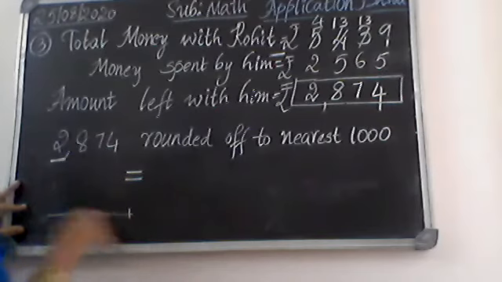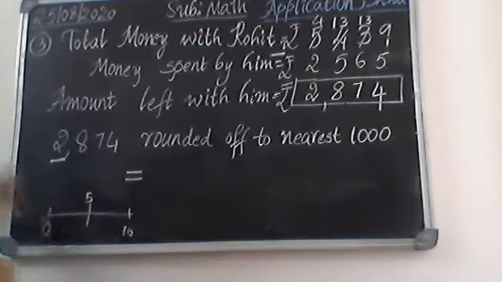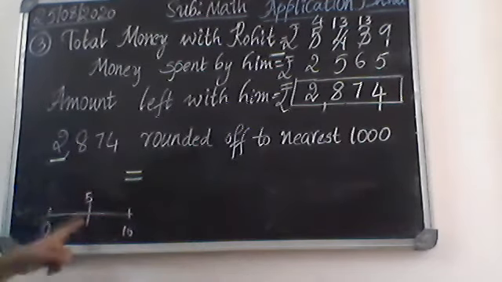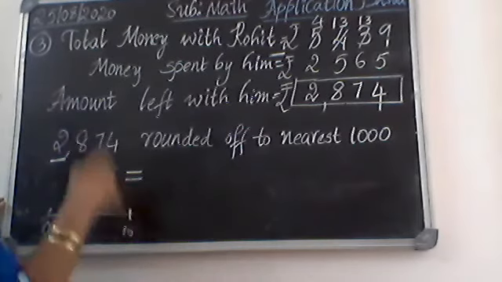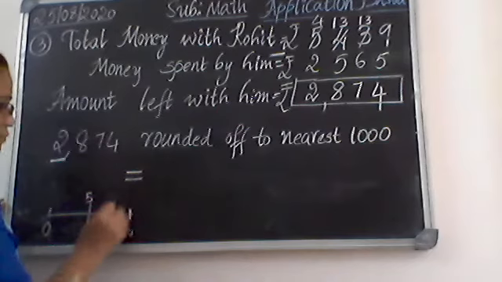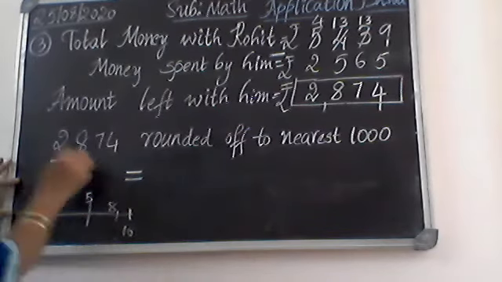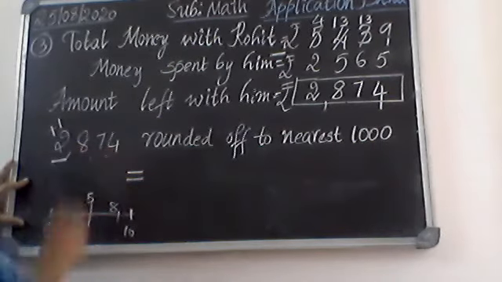So you just remember your number line. In the middle is 5. Between 0 and 10, where is number 8? 8 comes between 5 and 10. So it will be rounded up. 8 is somewhere over here, nearer to 10.